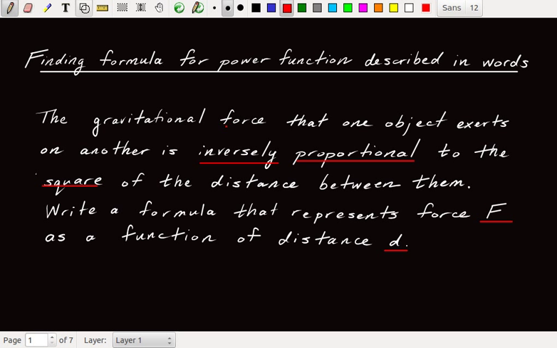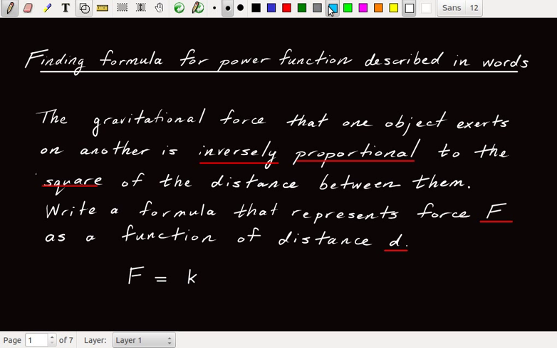Now, of course, the force, that's F, is equal to, and we have proportional, so we're going to use a K. K will be our constant of proportionality. And now we have the square of the distance. D is the distance.